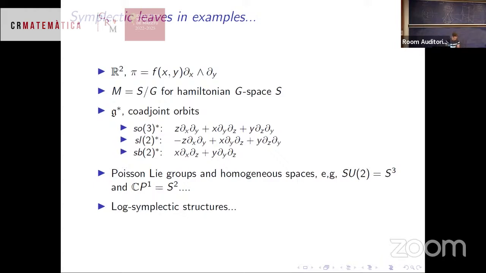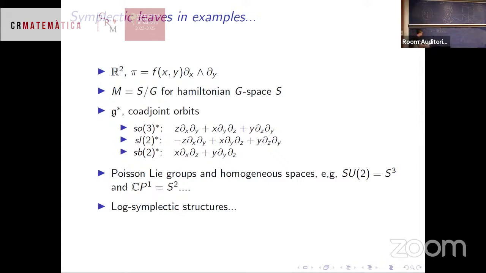So in the log symplectic example, remember that there was a distinguished codimension one submanifold that captured the singular locus of the Poisson structure. So you have two types of symplectic leaves.